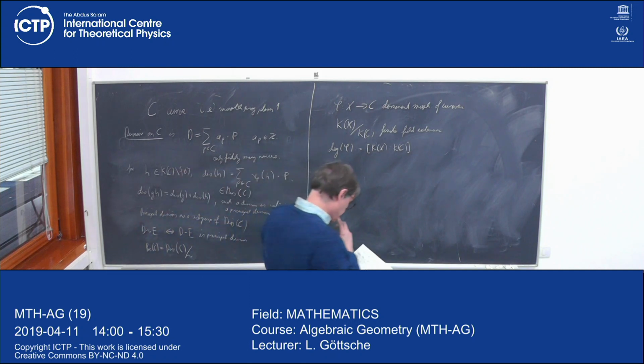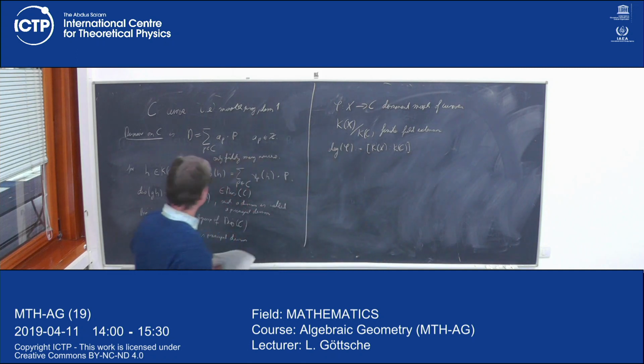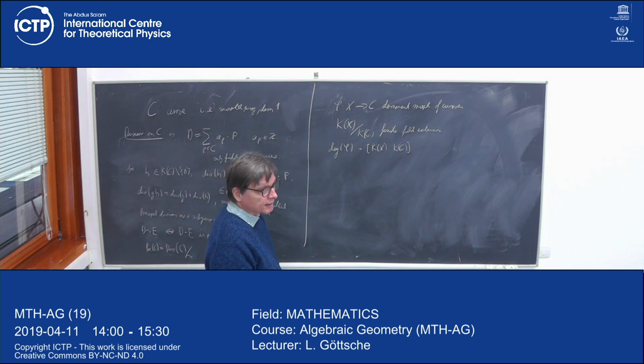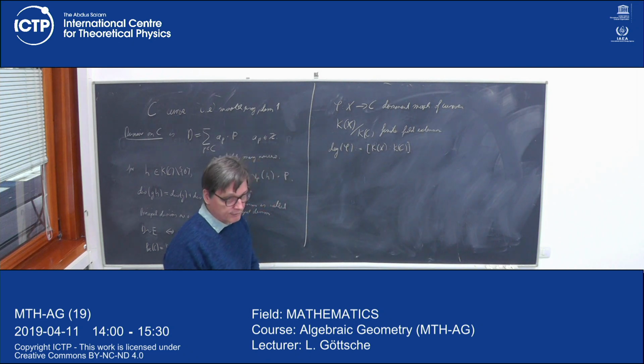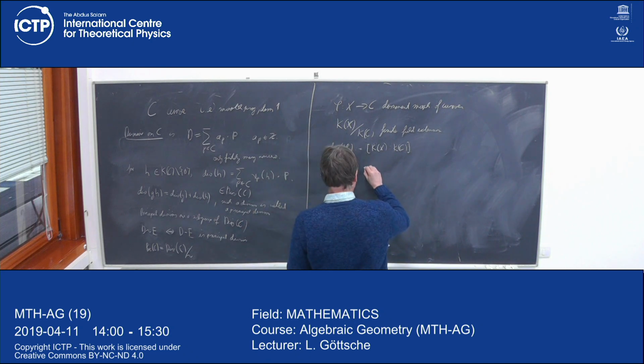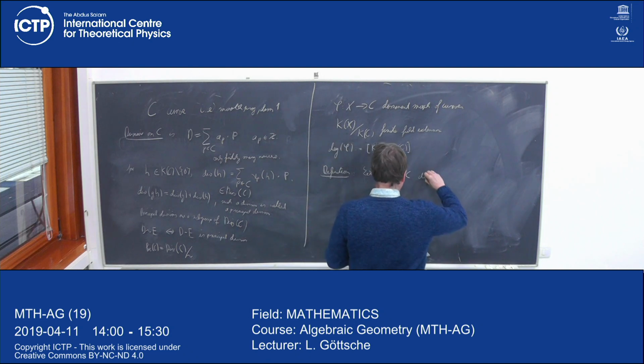And so now we wanted to define the pullback of divisors by morphisms and show that it multiplies the degree of the divisor by the degree of the morphism. So the definition: let phi from X to C again be a dominant morphism of curves.